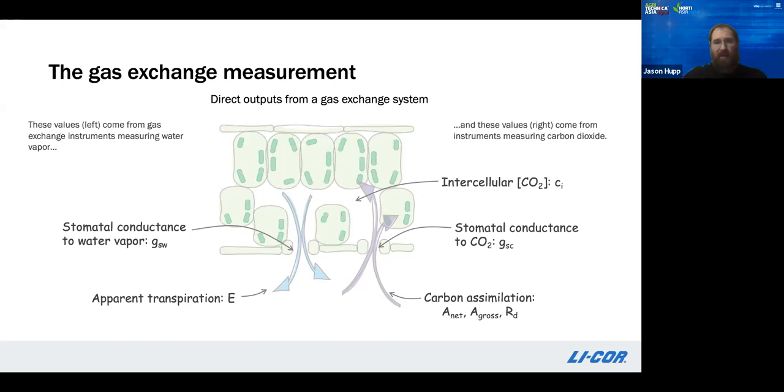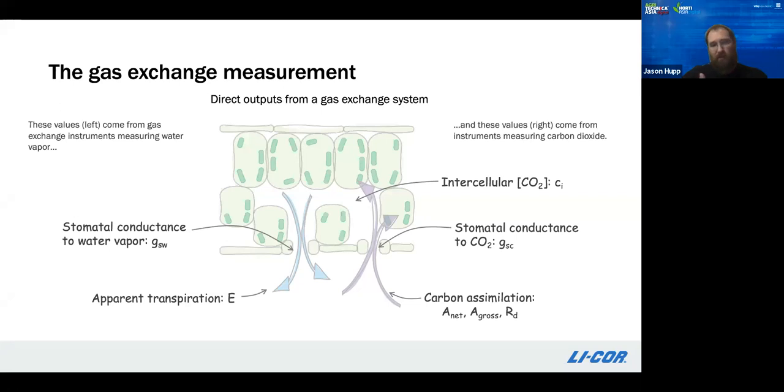So instead of just quantifying how many molecules of water are coming out and how many molecules of carbon are going in, we can look at things that are related to the stomatal aperture or the endpoints of the gradient to find out deeper physiological information about the leaf. The things that we derive, if we're looking at water vapor, would be stomatal conductance to water vapor, or in an instrument that measures CO2, it would be stomatal conductance to carbon dioxide. And if we're measuring carbon dioxide, then we can estimate the intercellular CO2 concentration as well. That's the concentration of carbon dioxide in the intercellular airspace inside the leaf.